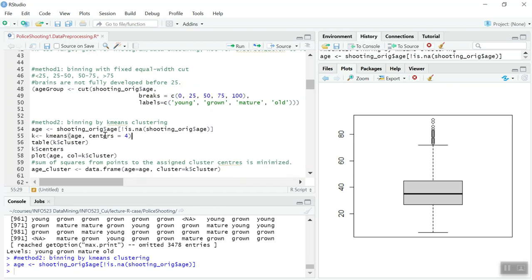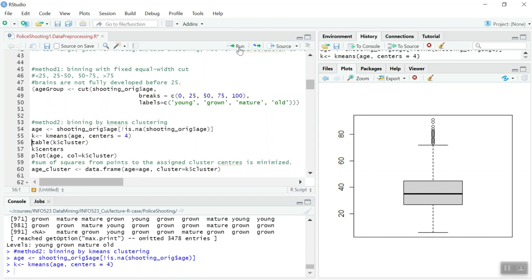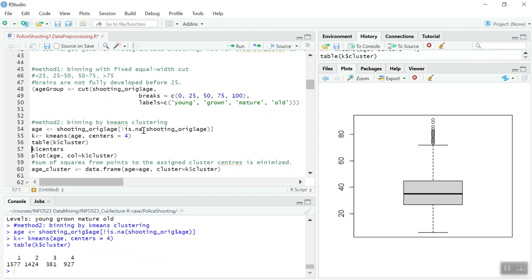But at this time, you can think of k-means as cutting this line, the age range, into 4 groups such that the points within the groups are similar to each other. Points across groups are not that similar. Okay, so we're going to run the k-means, and we're going to use the table to calculate how many values are in each cluster.